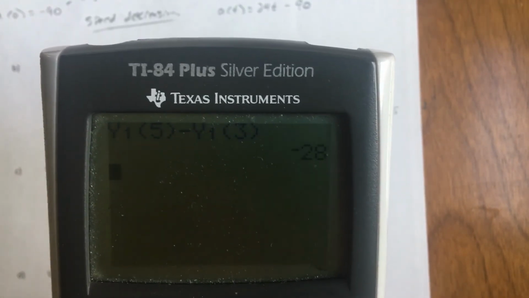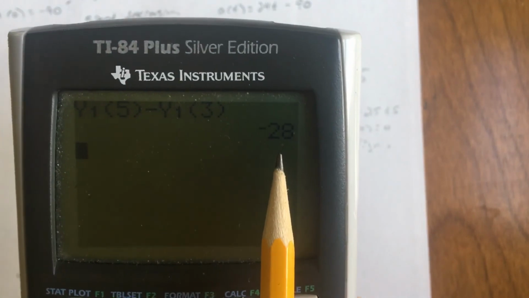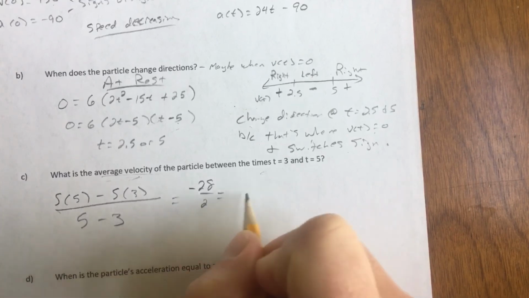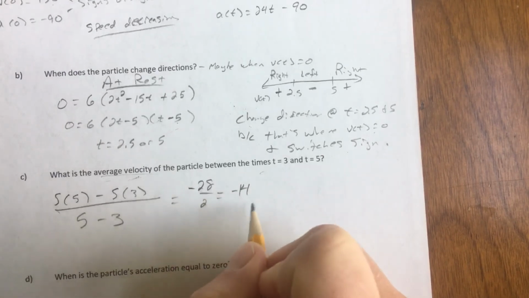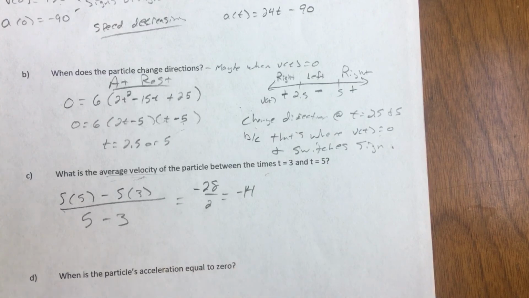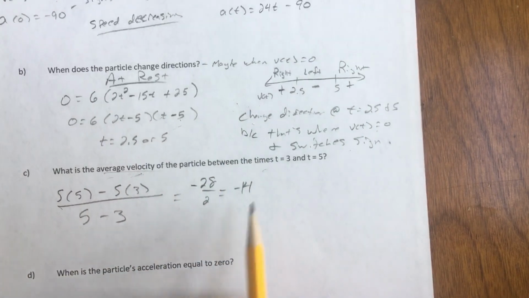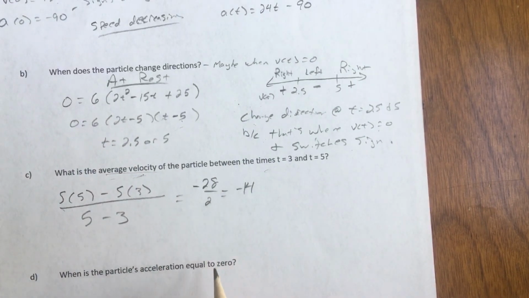If I hit enter, there's the change in position from 3 seconds to 5 seconds. It's negative 28, and it took 2 seconds to do it. So negative 14 is our average velocity. 14 what? It doesn't say what our distance units are, so it might be meters per second, feet per second, something like that.